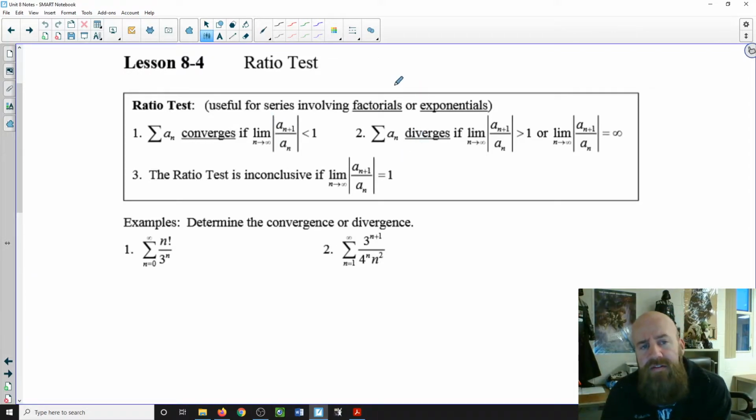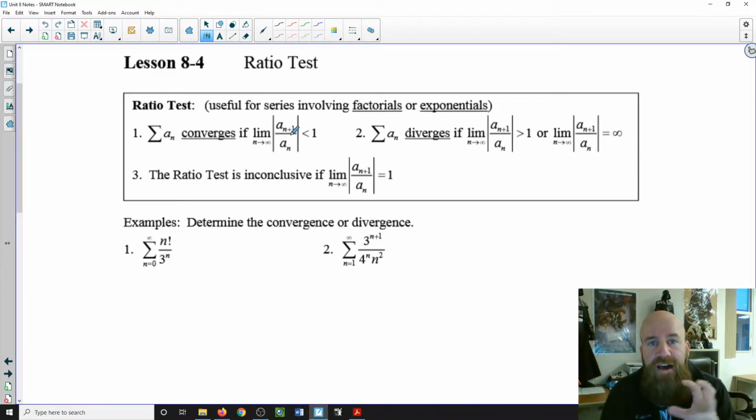Alright, so the ratio test. It says it's useful for a series involving factorials or exponentials. So we have the series of a sub n converges if the limit as n approaches infinity of the series to the n plus 1, so we're adding 1 to all the n values, and then we're dividing it by the original series.